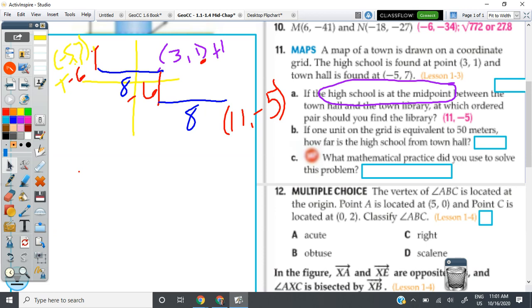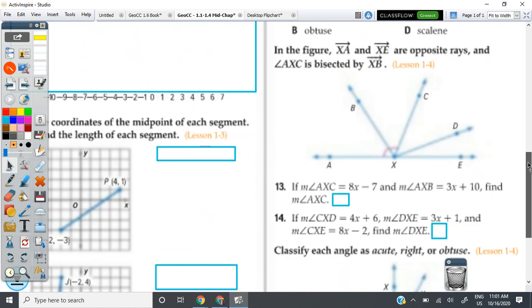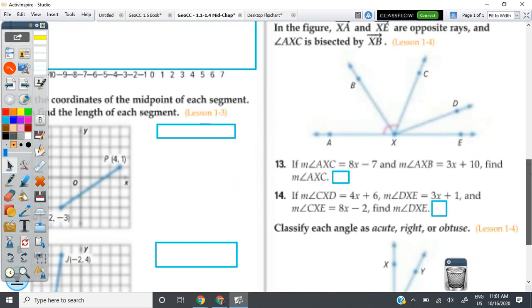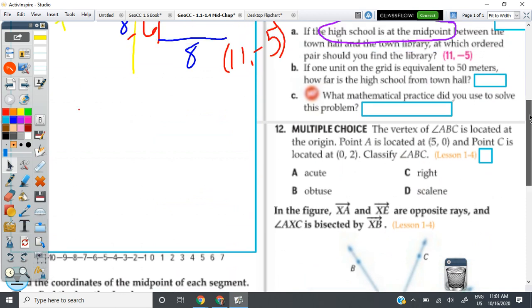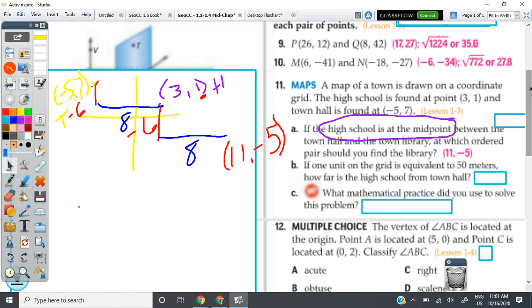Okay, it says part B, if 1 unit on the grid is equivalent to 50 meters, how far is the high school from town hall? Okay, how far?